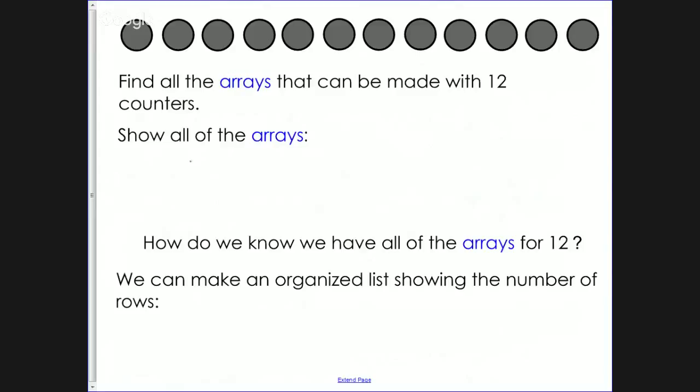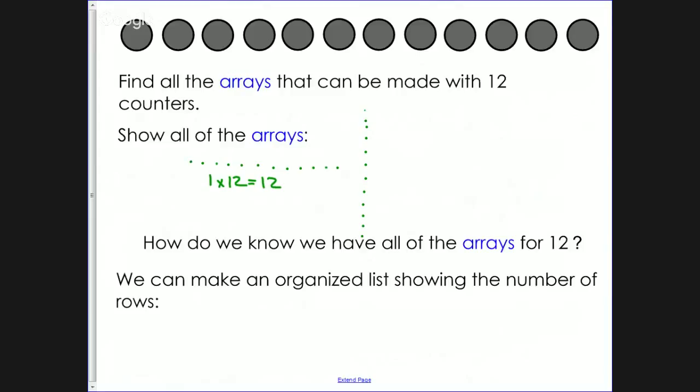So the first way that we can create a group of 12 would be a straight line. 7, 8, 9, 10, 11, 12. So that's one row of 12. We can do the same thing, only creating a column of 12.